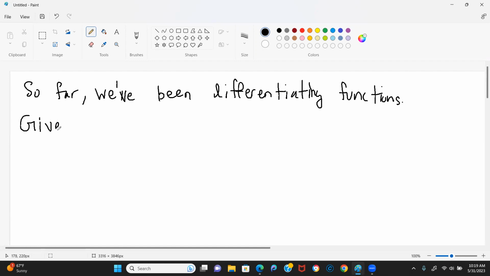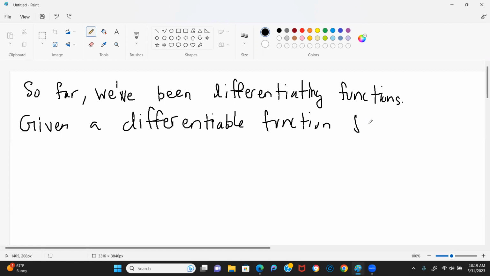So given a differentiable function f from some set D to some set E. Usually D stands for domain and E is our range or our codomain.